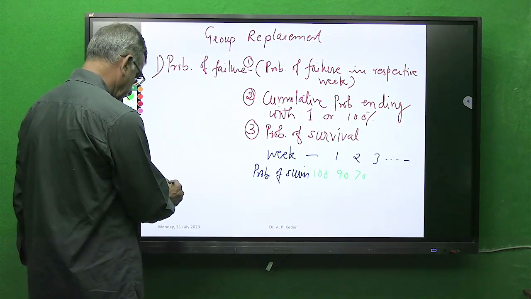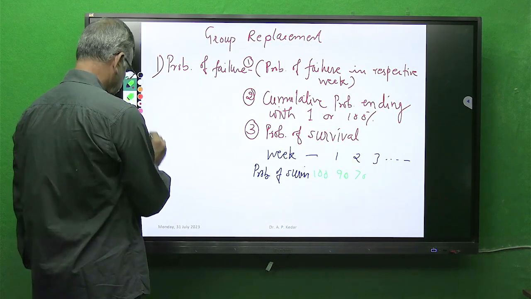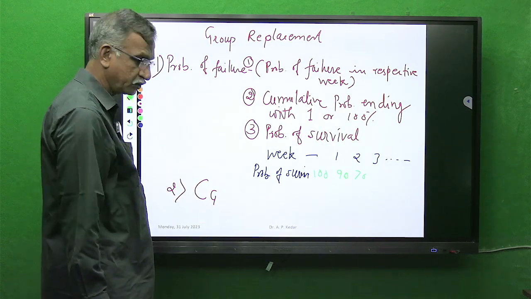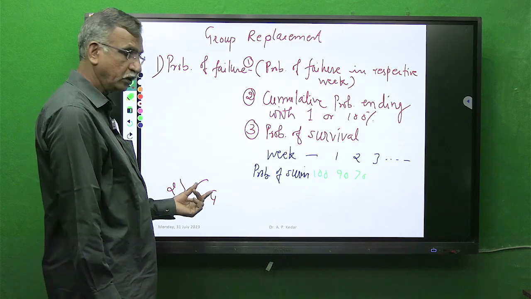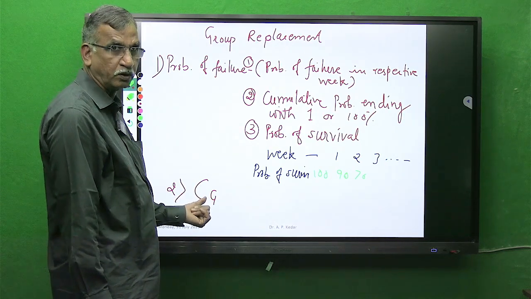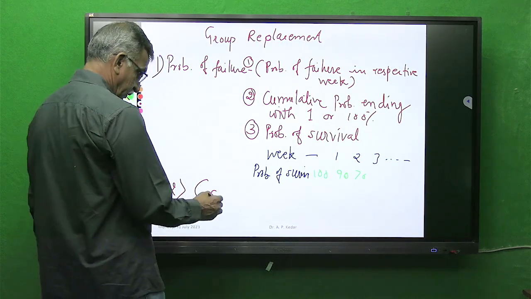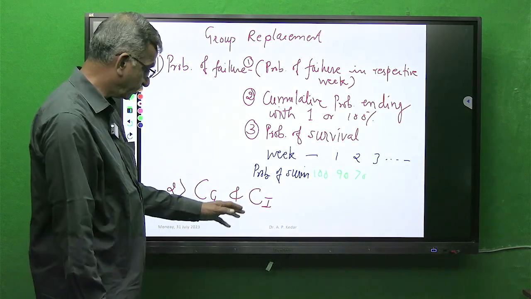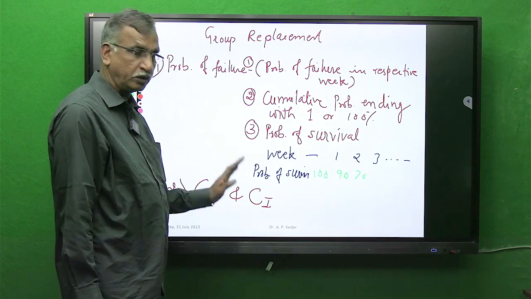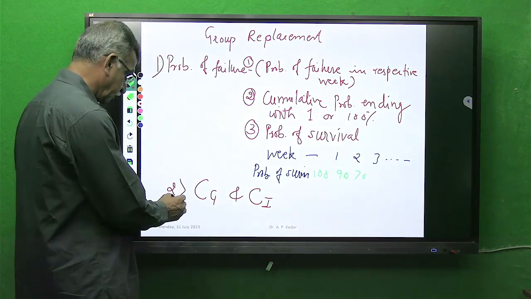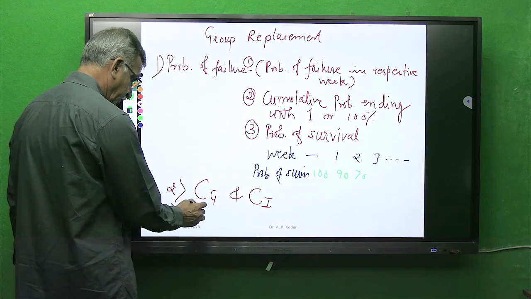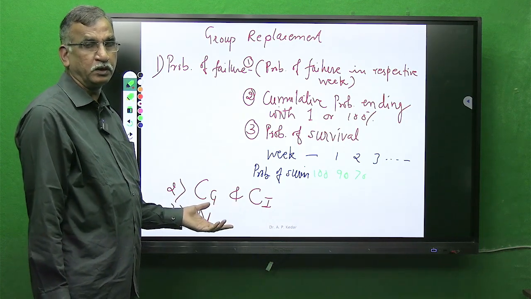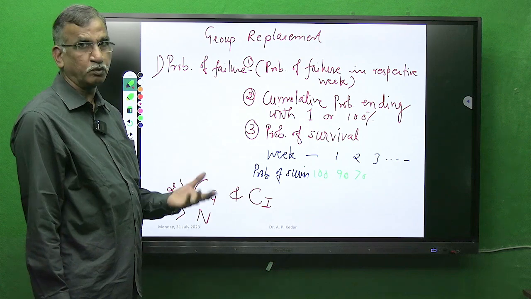The second requirement was the cost: CG, that is the unit cost of an item when we go for group replacement, and CI, the unit cost of an item when we go for individual replacement. This data is needed. Third, N, if you recall, is the total number of components in the system for which we are thinking of group replacement.